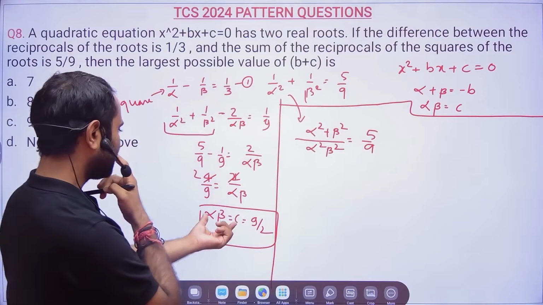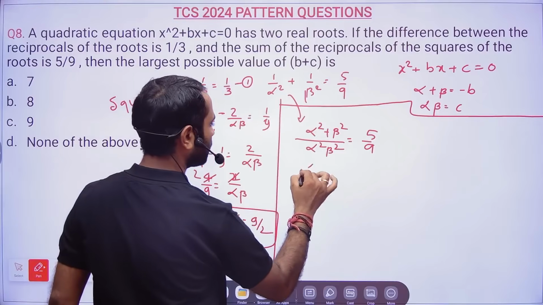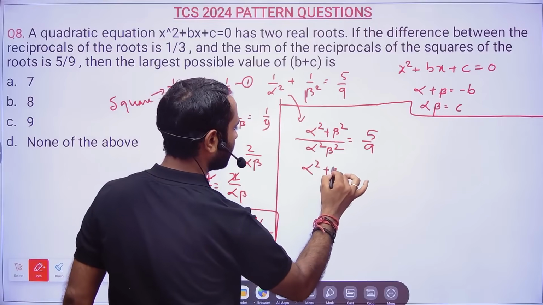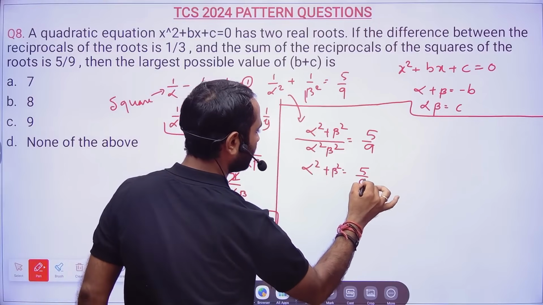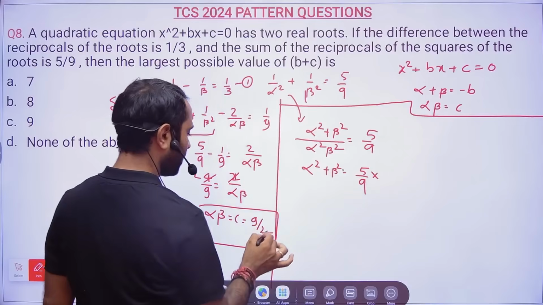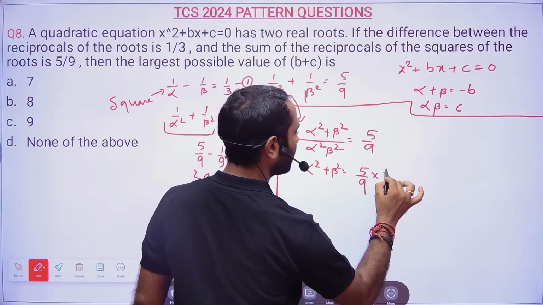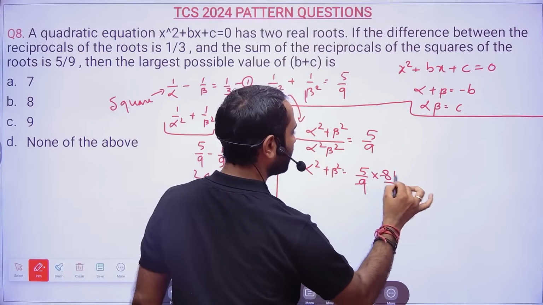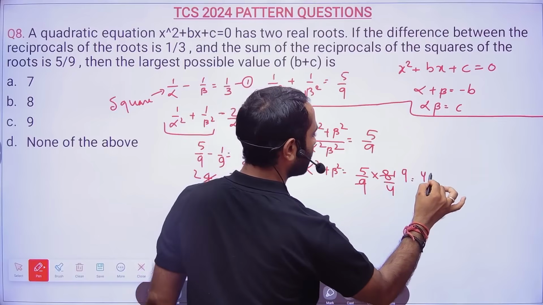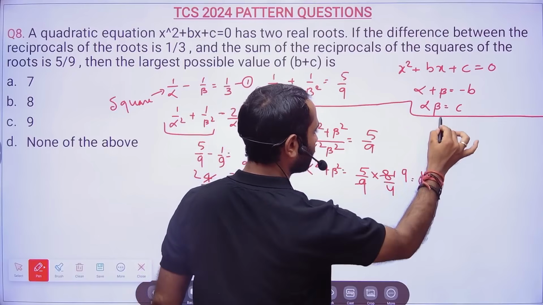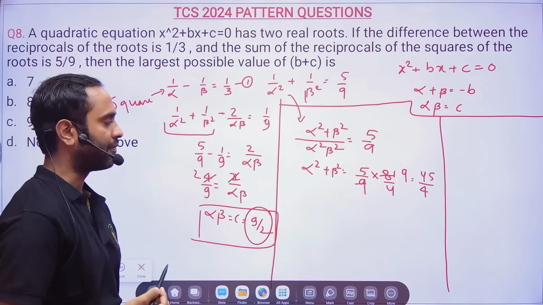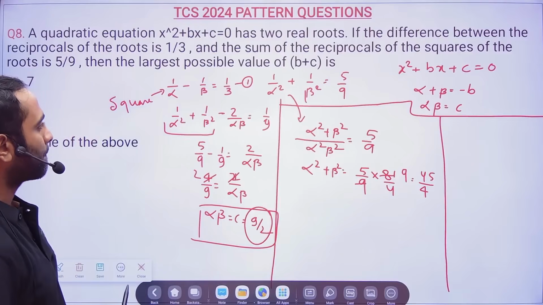Then this alpha beta is 9 by 2, so alpha square plus beta square equals 5 by 9 into alpha square beta square. 9 by 2 square will be 81 by 4. 9 and 9 cancel, so it will be 45 divided by 4.